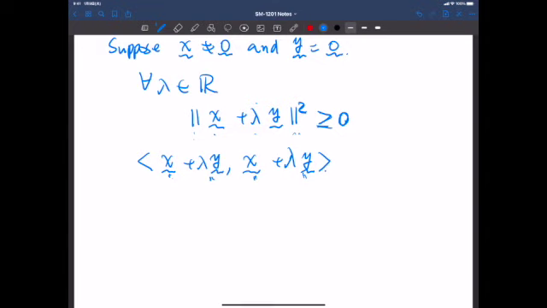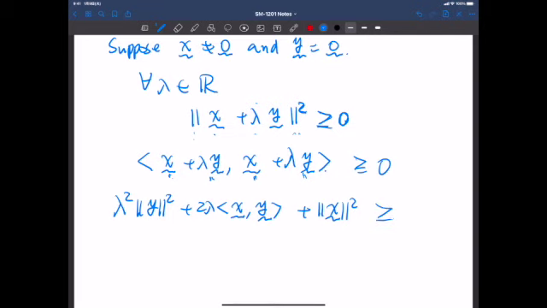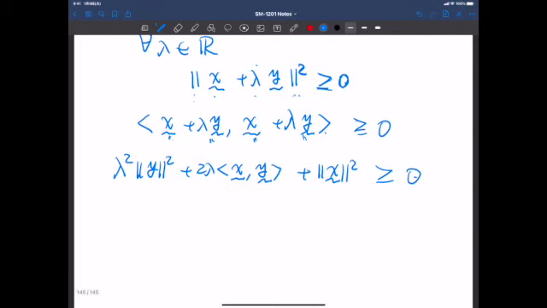So after all, we have lambda squared times the modulus of y squared, and 2 lambda times x dot y, and the modulus of x squared. Okay, now consider the left hand side as a quadratic form of lambda. So lambda squared, lambda, and a constant.